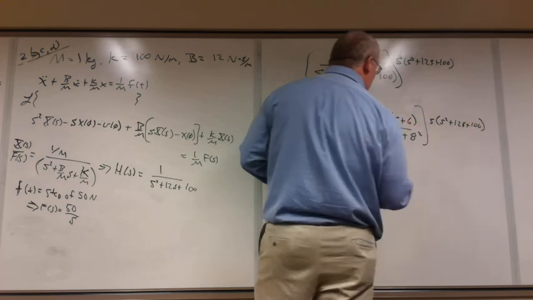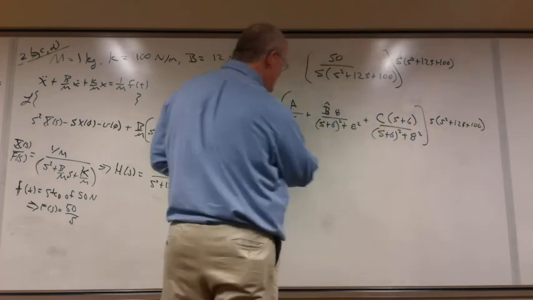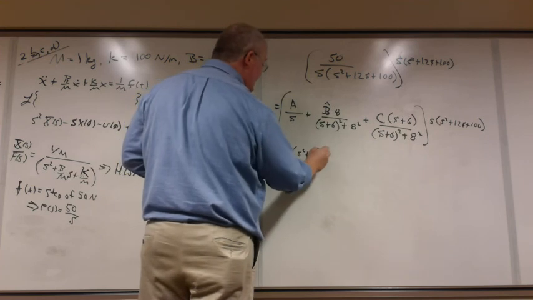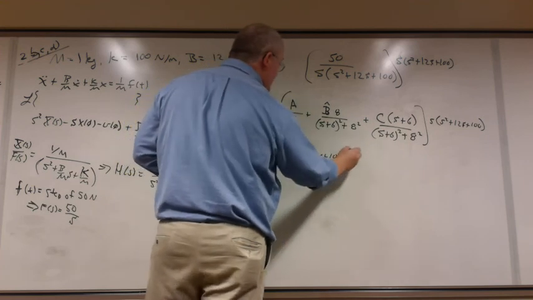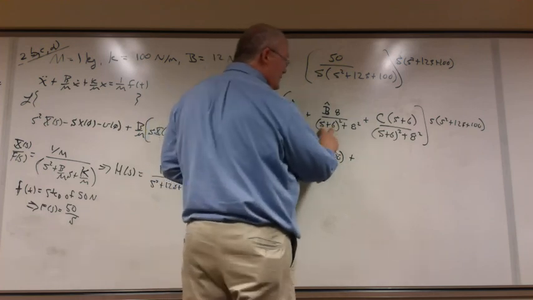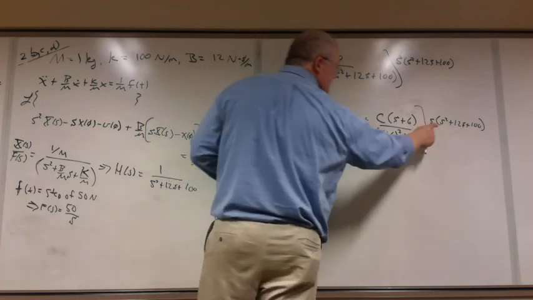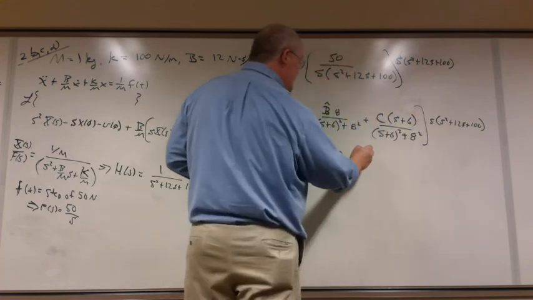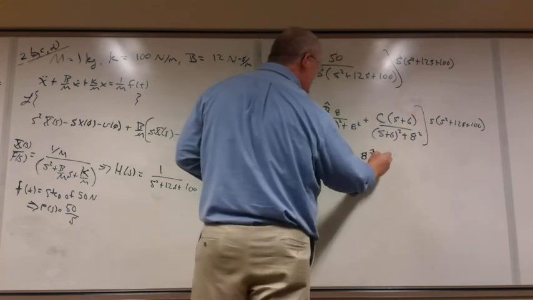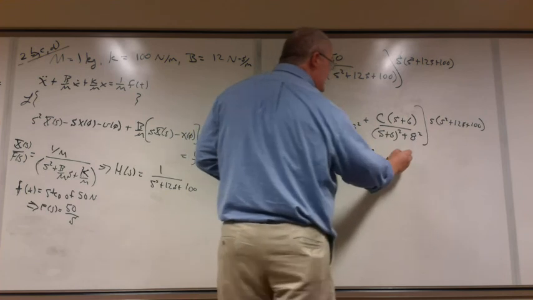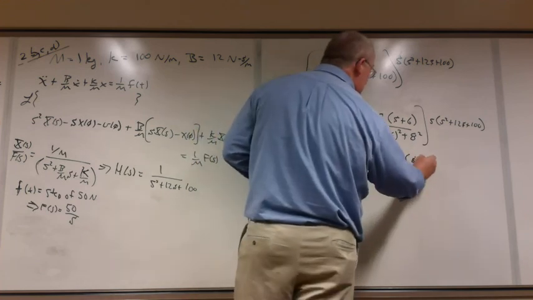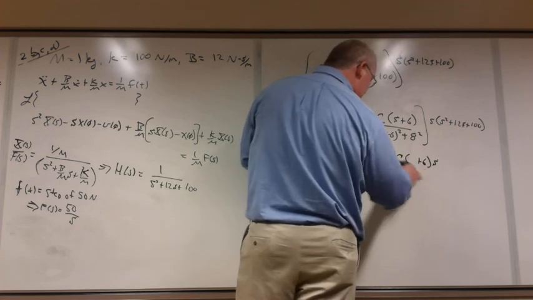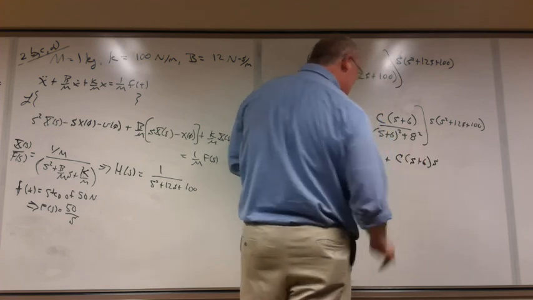And what do we get? Well, the s cancels out with the s there, so this is equal to A times s squared plus 12s plus 100, plus, okay, the s plus 6 squared plus 8 squared cancels that because this is completing the square of that. And so we have 8b hat times s plus C times s plus 6 times s. That little s didn't work out so hot. Okay.